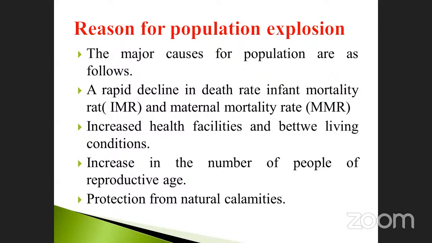So many equipments were discovered. For example, when a tsunami is coming, we have specific equipment called a seismograph. Even natural disasters like earthquakes we can easily identify, so we can escape from one place to another. Take the example of dogs and elephants.